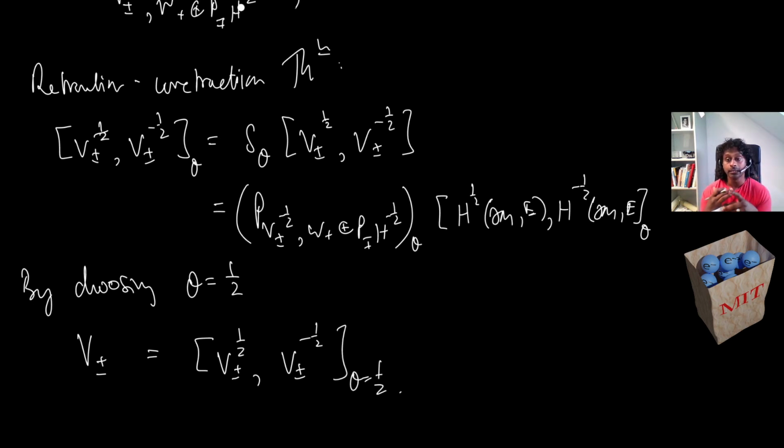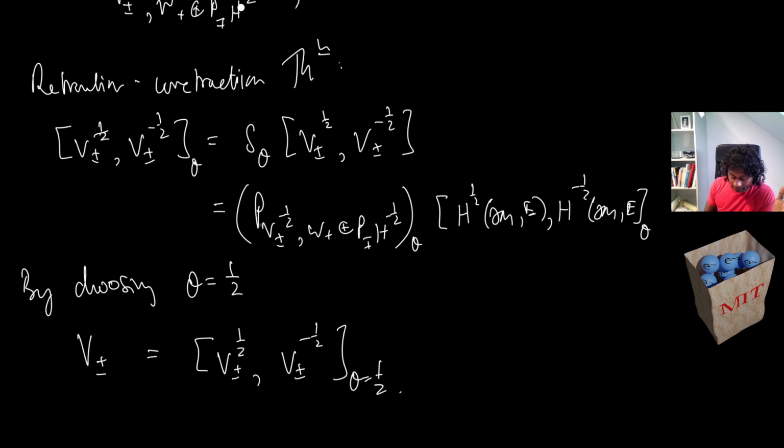In fact, of course, we could do this for any of the spaces. We could choose the parameter theta in a different way, and because my W plus always contains H half, my projectors P plus minus map H beta boundedly back into H beta, for beta between minus a half and a half.